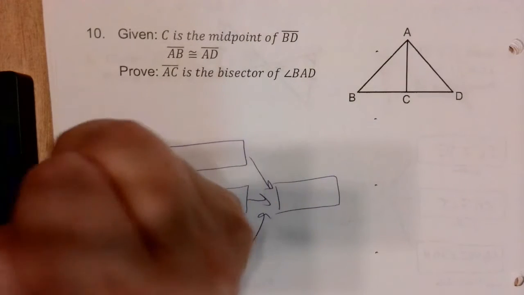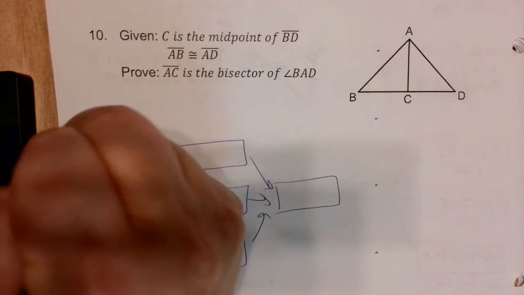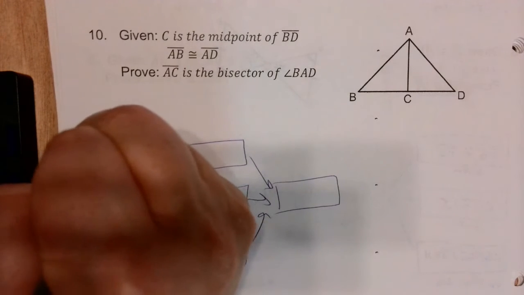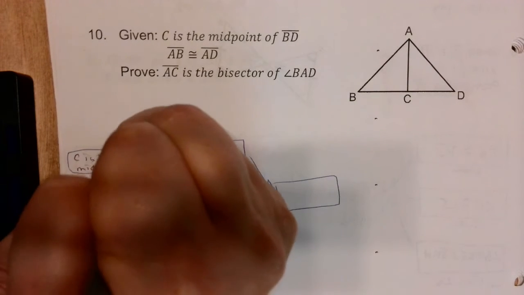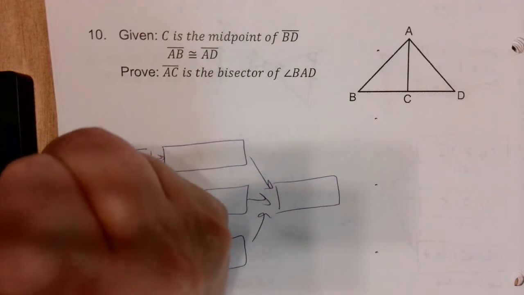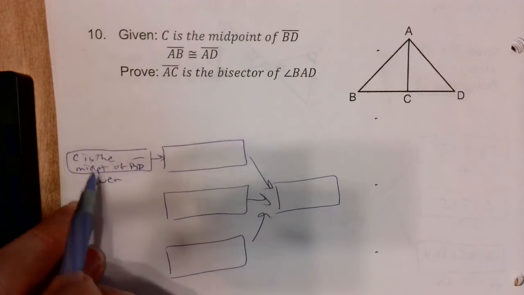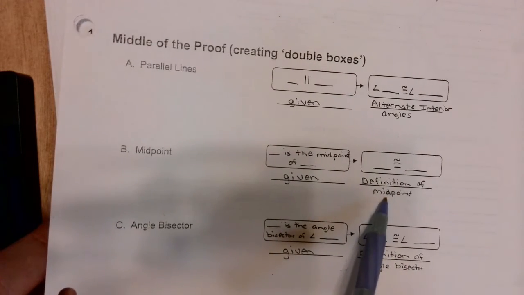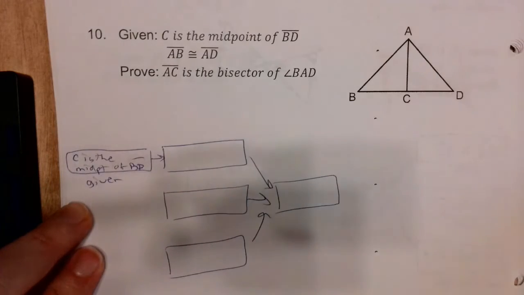C is the midpoint of BD, goes in the first one. And that is given. After midpoint comes definition of midpoint, always.